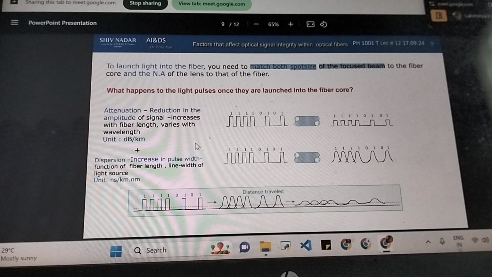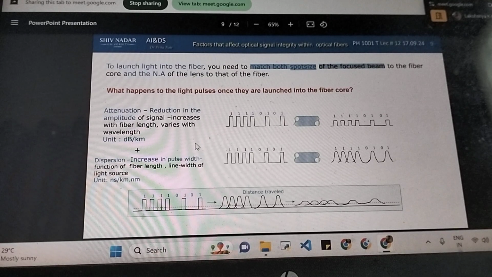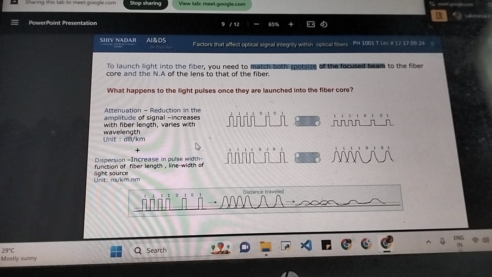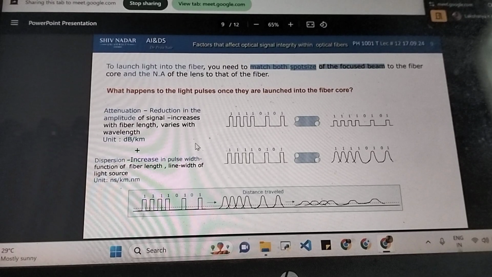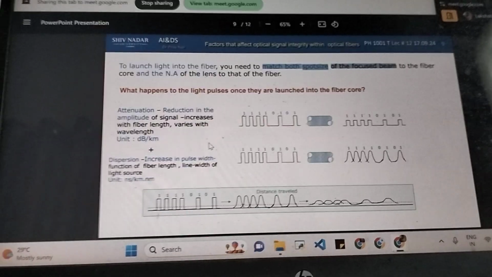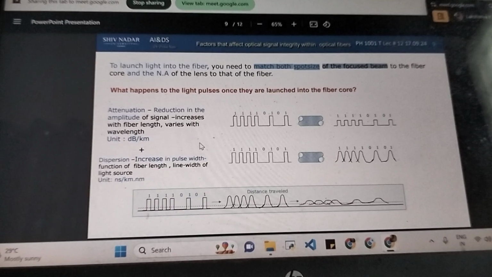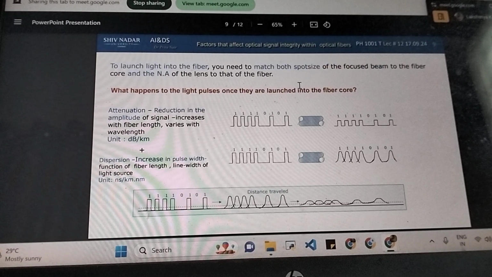And the normal laser light, your pen lights, are of the order of at least millimeters. So you need to make sure that the beam of light you are shining is narrow enough to pass entirely through the core, because if your light beam is wider than the core, you are going to lose some information. That's what they mean by spot size.